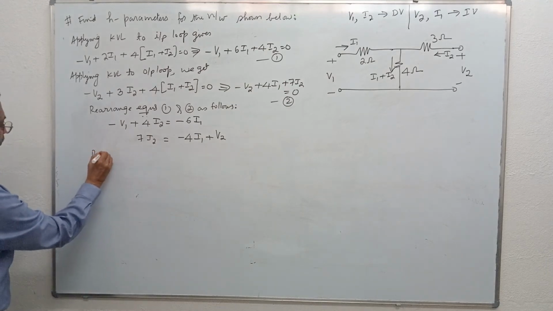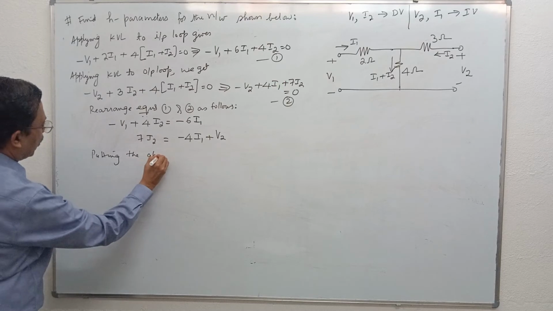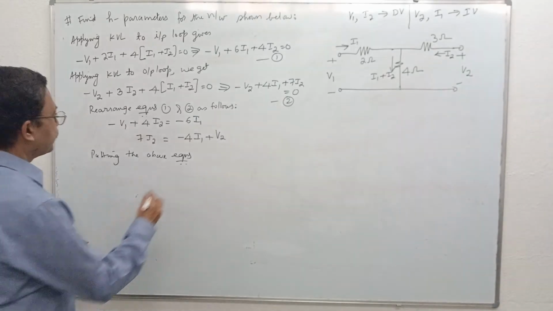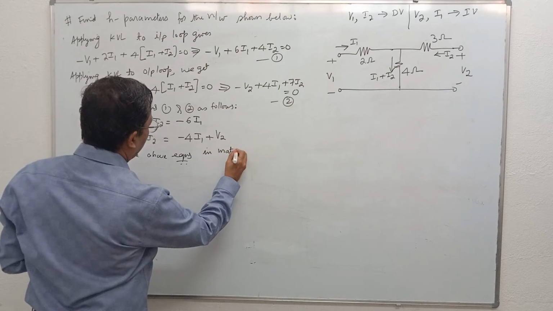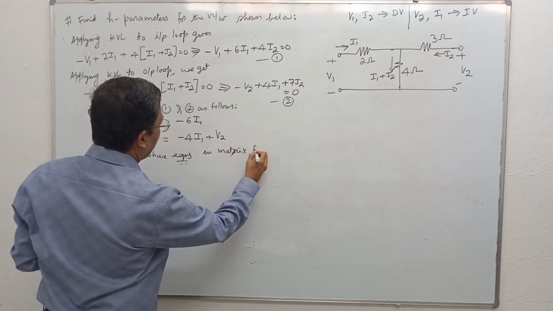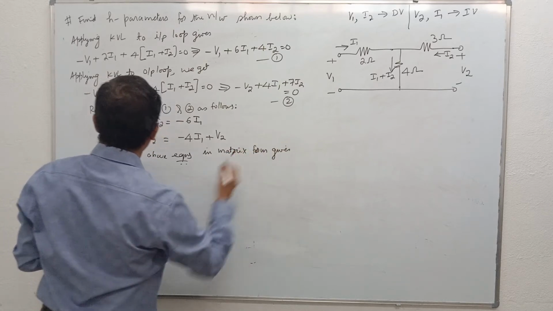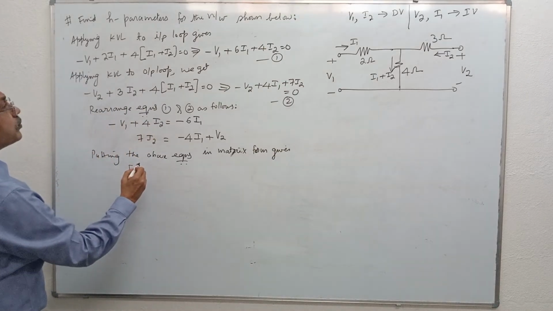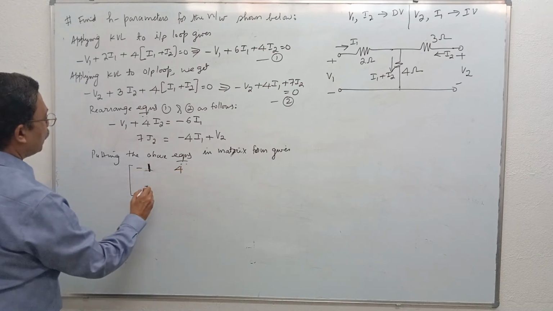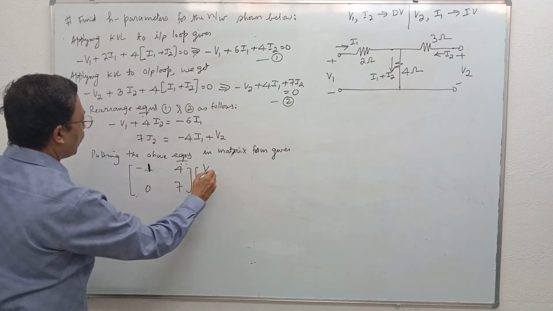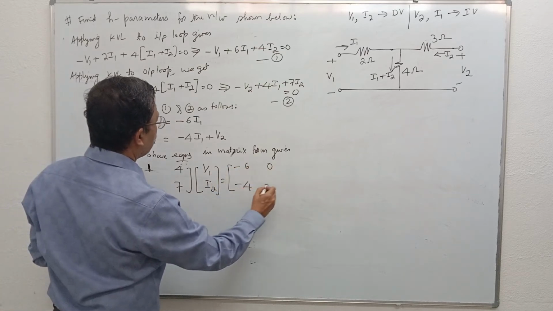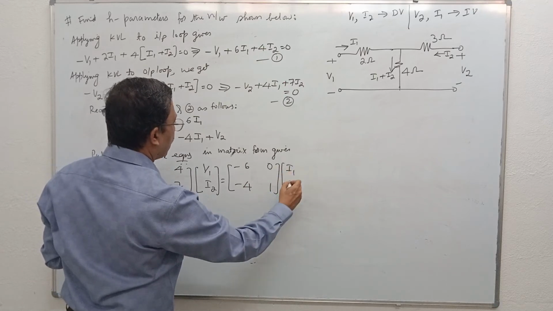Putting the above equations in matrix form gives: the matrix minus 1, 4, 0, 7 multiplied by column matrix V1, I2 is equal to the matrix minus 6, 0, minus 4, 1 multiplied by column matrix I1, V2.